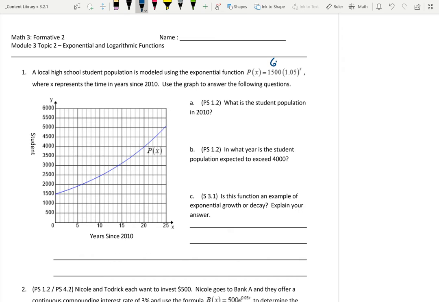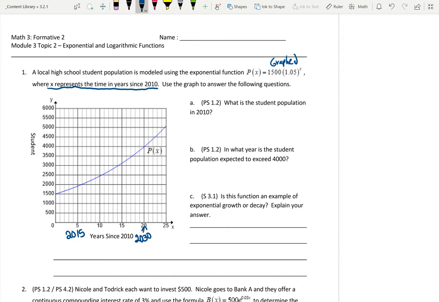This is going to be what's graphed below. And x represents the time in years since 2010. So essentially, to make this a little easier, instead of putting 2015, they're just going to use x as 5. Likewise, 2030 is going to be 20.